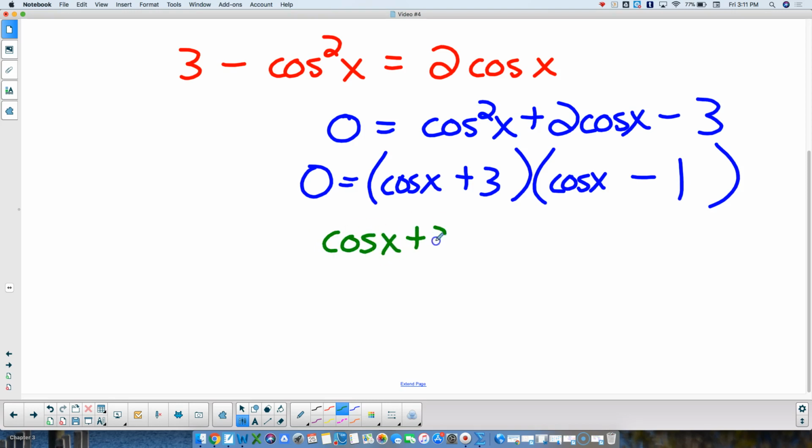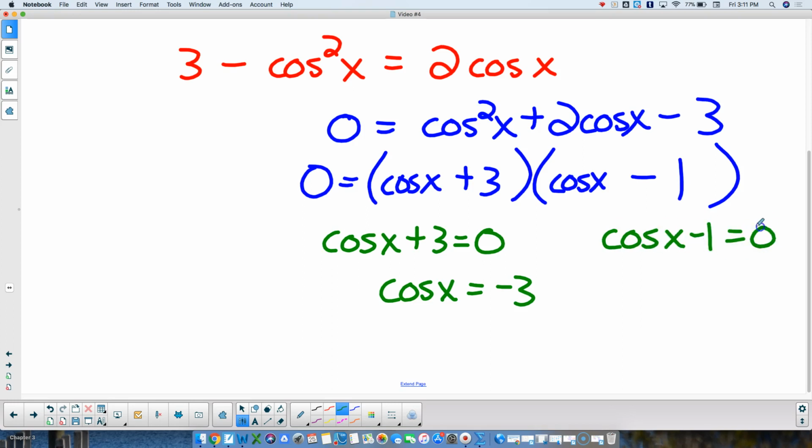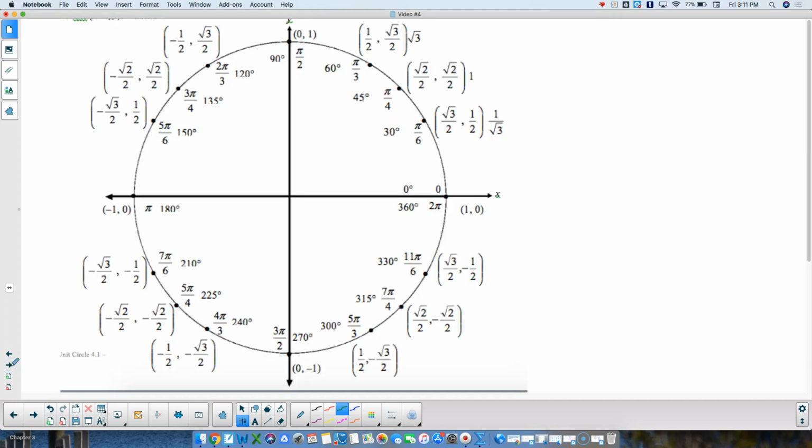Cosine of x plus 3 equals 0 gives me cosine of x equals -3. Cosine of x minus 1 equals 0 gives me cosine of x is equal to 1. Checking my unit circle, 3, not on it. A cosine value of 3 is not on it, so that one's not possible.